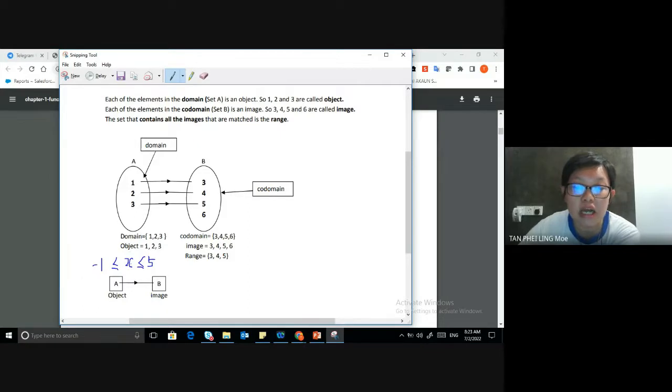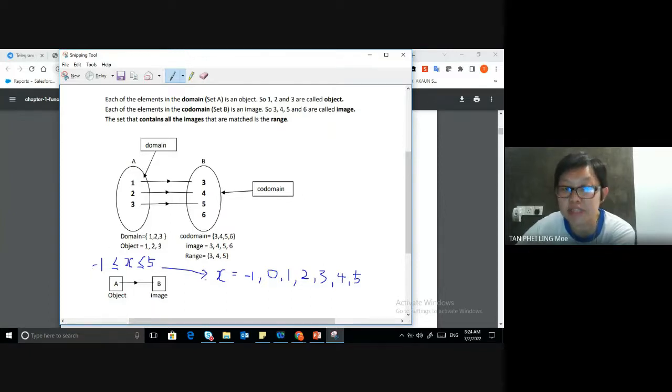They may just ask for the domain where x is between and inclusive of -1 to 5. Which means now your x, the object, will be -1, 0, 1, 2, 3, 4 until 5. So always remember that. This is one way they will tell you the domain that they are interested in, so you have to know how to interpret that.